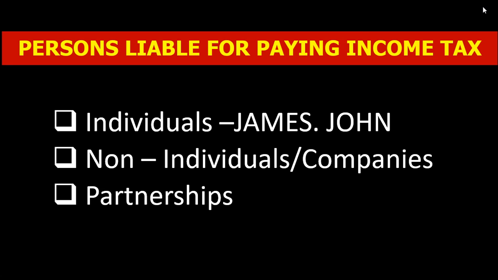So what we do, we raise all the allowable expenses and we add back the non-allowable expenses to get the chargeable income. For that chargeable income for an individual, we apply the tax rates.